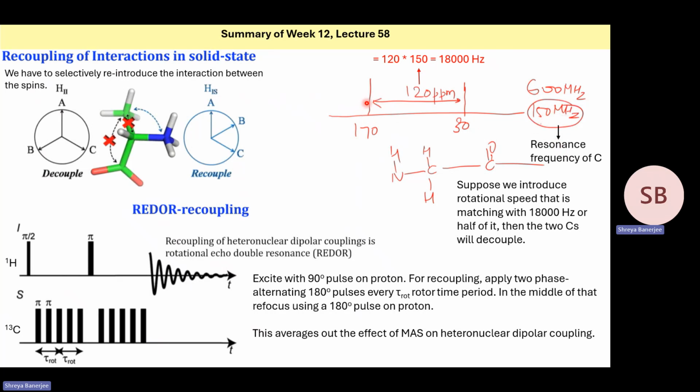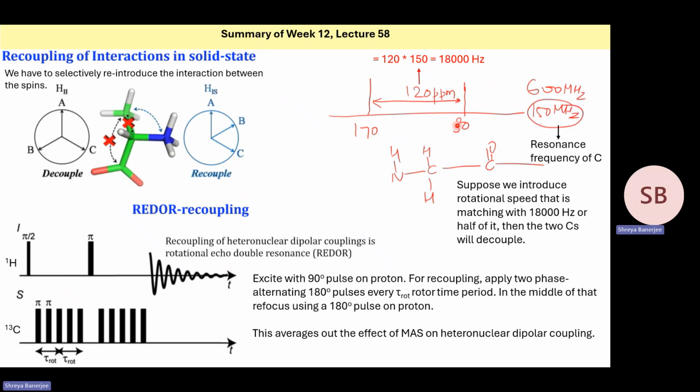So if the difference of frequency between these two is 120 ppm, we can convert it into hertz by multiplying by this resonance frequency of carbon, that is 150, and we get around 18,000 hertz. So the difference in hertz between the two peaks is 18,000 hertz or 18 kilohertz.